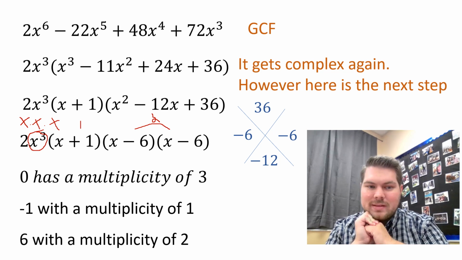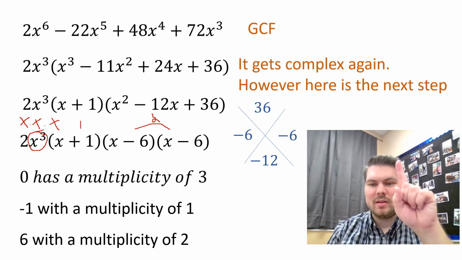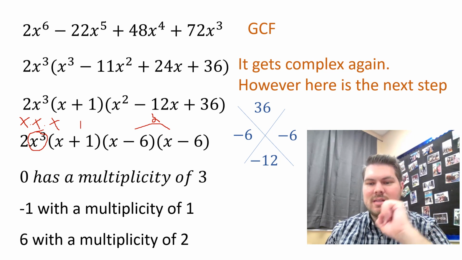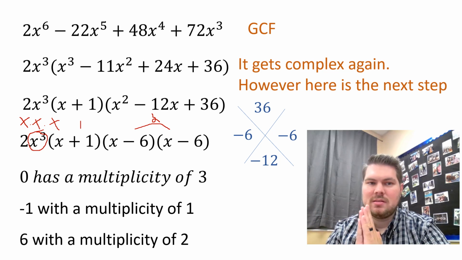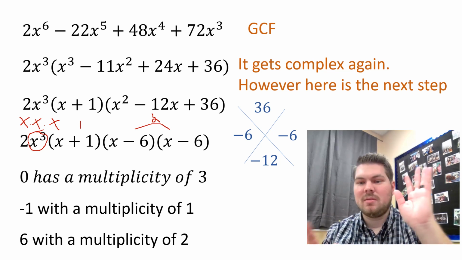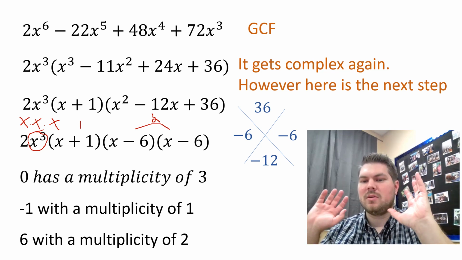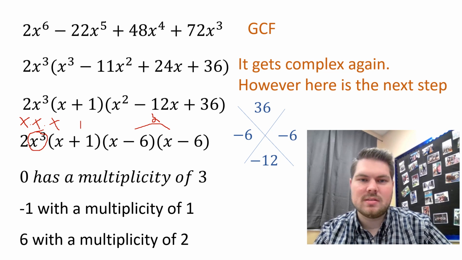Well, 0 is counting 3 times, -1 is counting once, and 6 is counting twice. So that adds up to be 6. So that's kind of the fundamental theorem of algebra, something that we'll go over on Friday. But I'm just giving you a heads up now because I think it really ties in well to this.